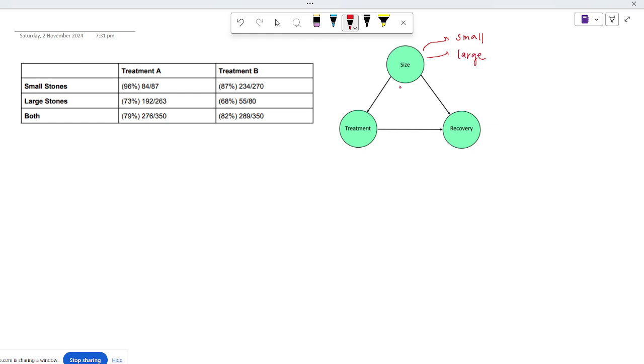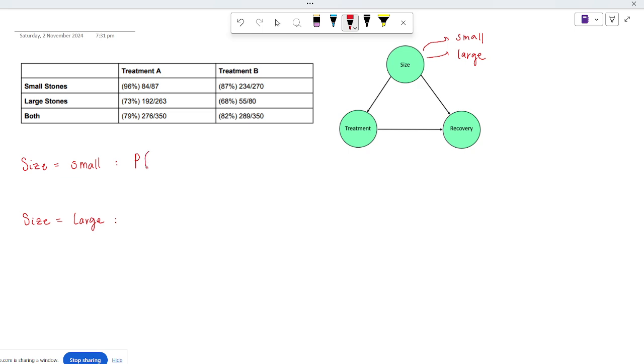All right, so what we're going to do is we are going to find the effect of treatment on recovery given that the size is small, and we're going to do the same given that the size is large. So let's get started. First, let's fix the size to small. After this, let's fix the size to large. All right. So in this case, this is what you would be doing.